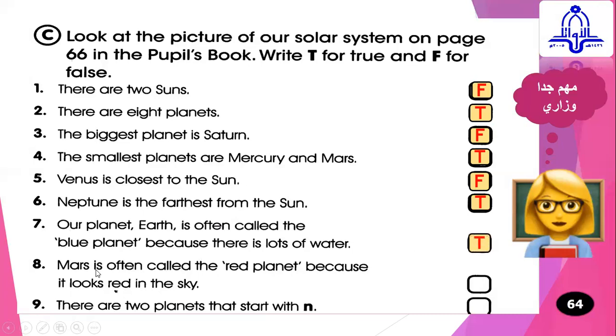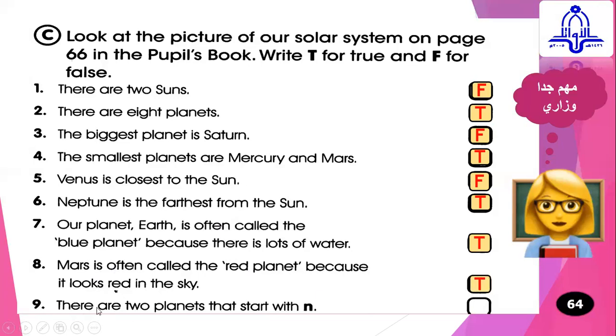We should write T. Number 8, Mars كوكب المريخ is often called the red planet because it looks red in the sky. كوكب المريخ عادة أو غالبا يطلق عليه بالكوكب الأحمر, red planet because لأن it looks red in the sky. إنه يبدو أحمر في السماء. Sky, it means سماء. طبعا هون لا تنسون it looks. We add third person S to the verb because the subject is it. ضفت S الشخص الثالث للفعل. This statement is correct, so we should write T.